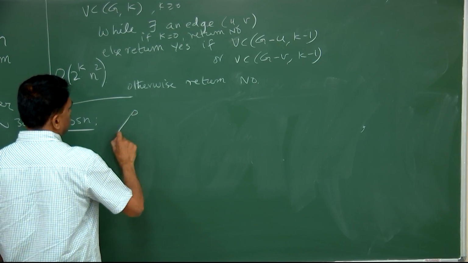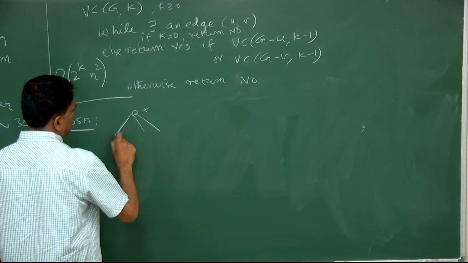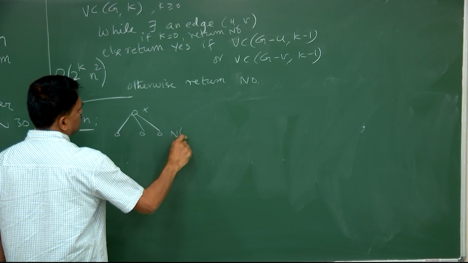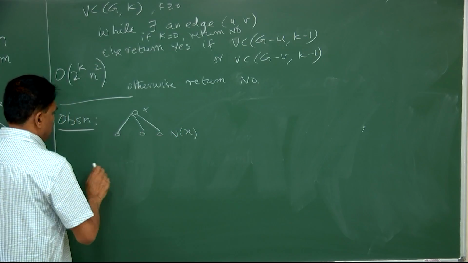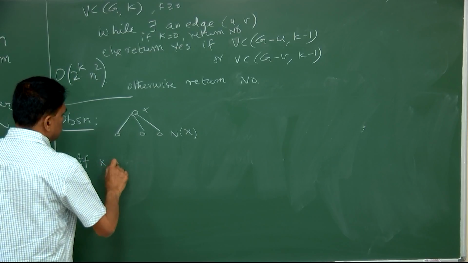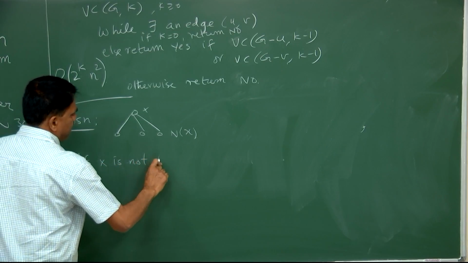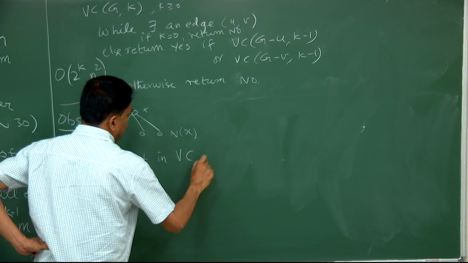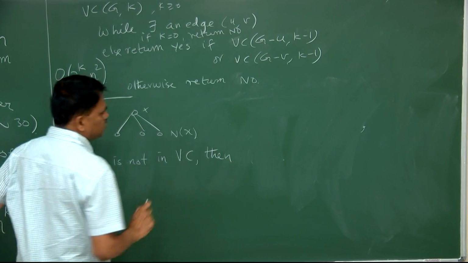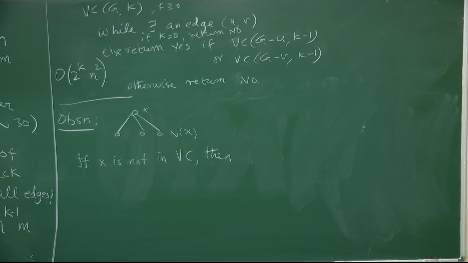Suppose you have a vertex x, and here are its neighbors. If x is not in the solution, then what can you say? I am trying to cover all edges.